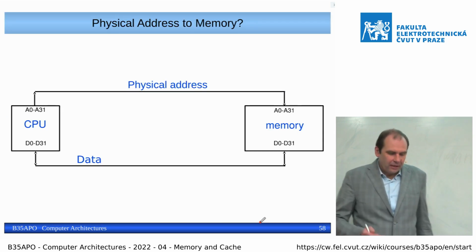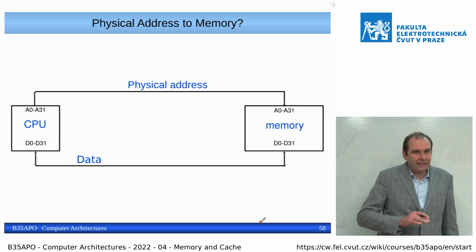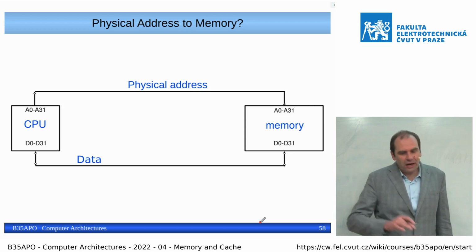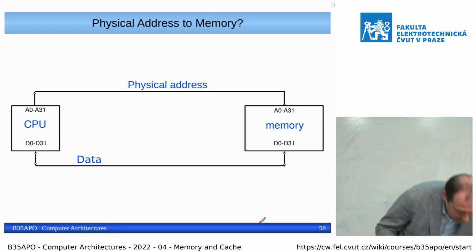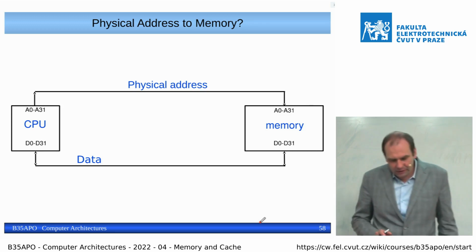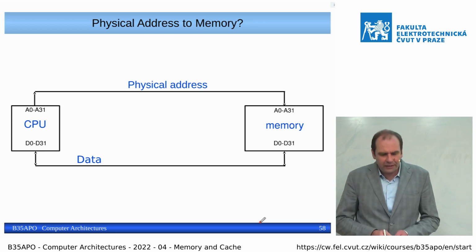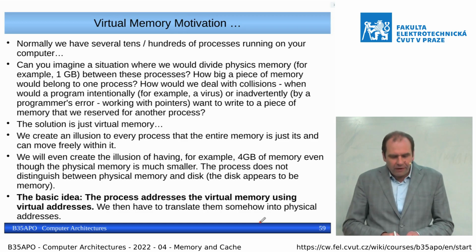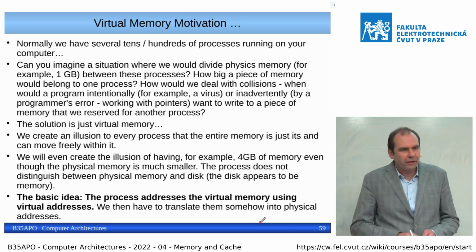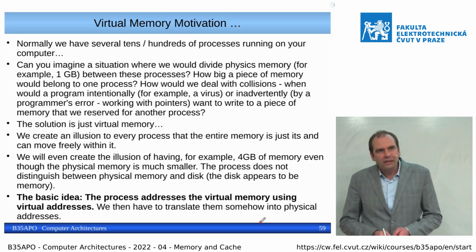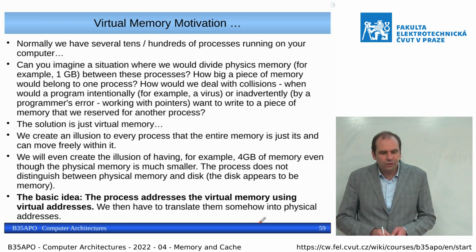Okay, so that was very quickly what a cache is and how it maps to the memory, and I will try to go very quickly through virtual memory. Why do we need virtual memory? Virtual memory has two main uses in computers.